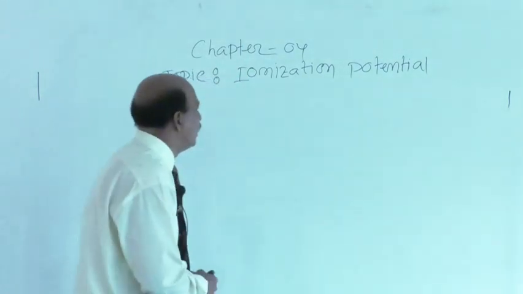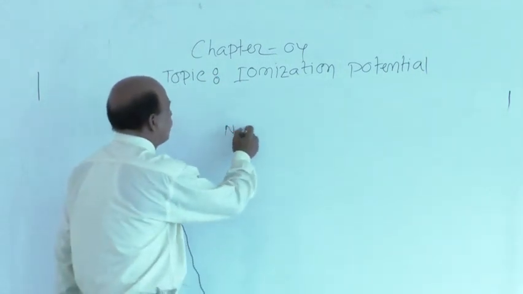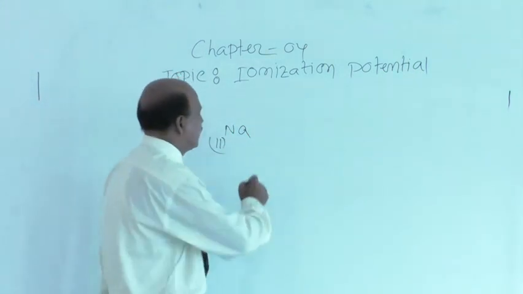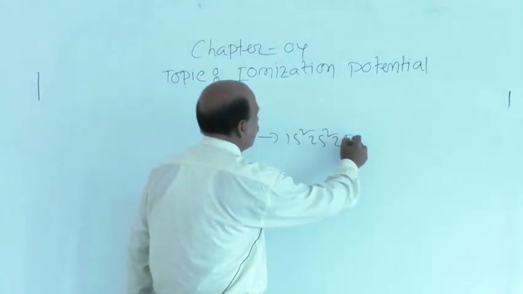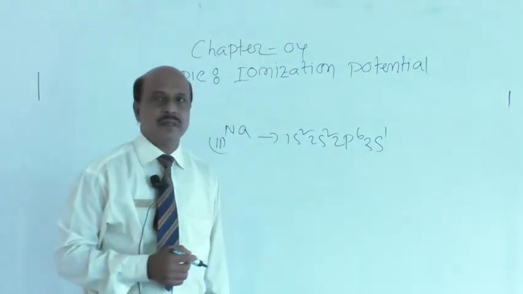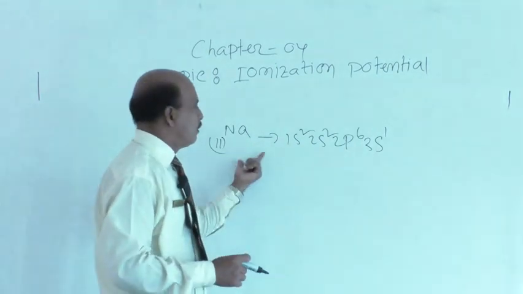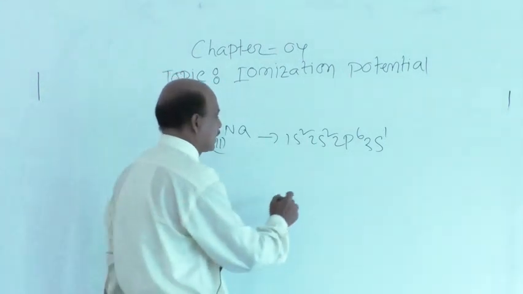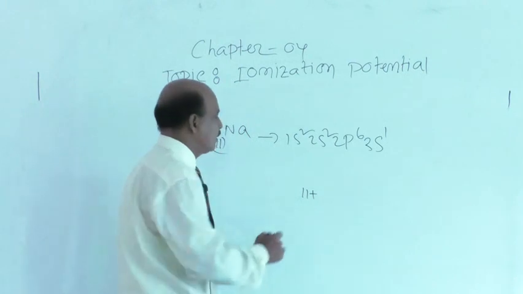Suppose you consider sodium metal. The electronic configuration will be 1s2, 2s2, 2p6, 3s1. If we draw a picture related to this electronic configuration, there will be 11 positive charges in the nucleus.